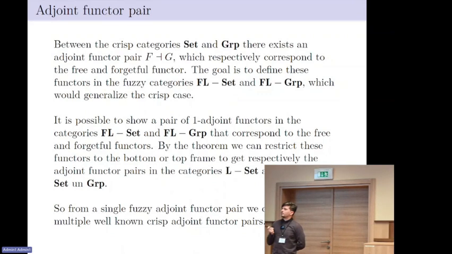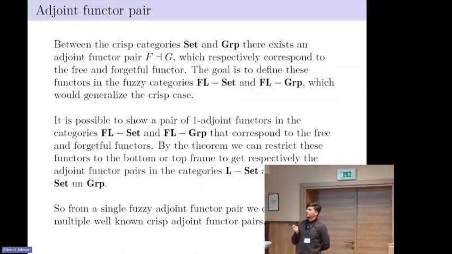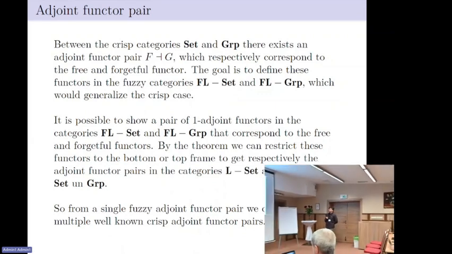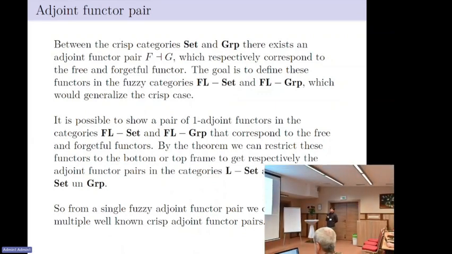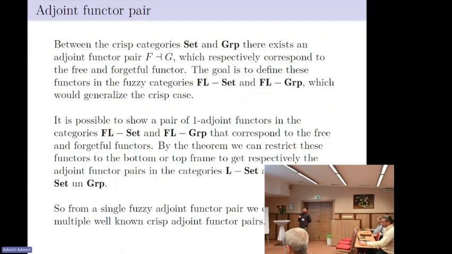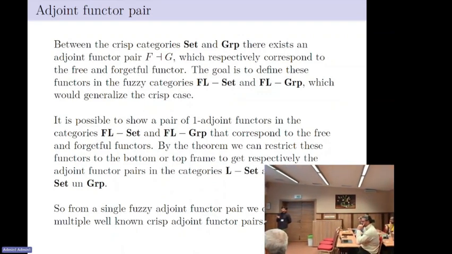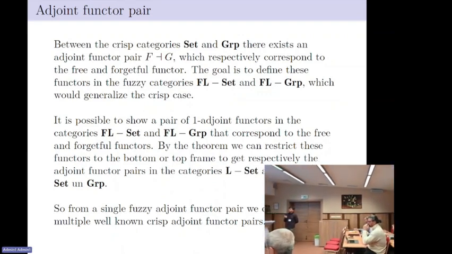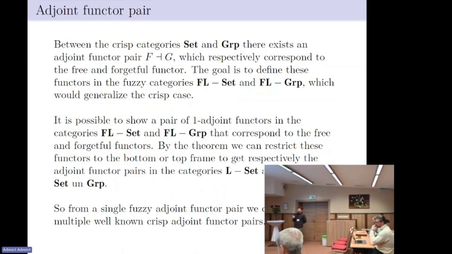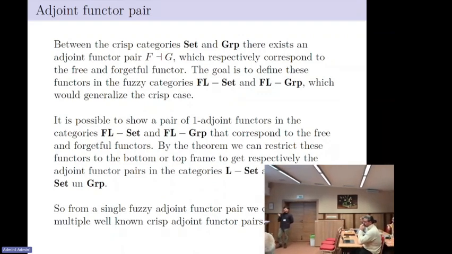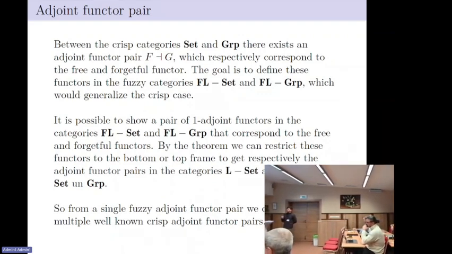And if we can find an adjoint functor pair in the fuzzy categories, we would actually obtain a class of adjoint functors in all of the crisp categories. So whenever we take a certain threshold, we will get the adjoint functor pairs in the categories between L-sets and L-groups, or between the categories set and group. So from a single fuzzy adjoint functor pair, we can extract multiple well-known crisp adjoint functor pairs.